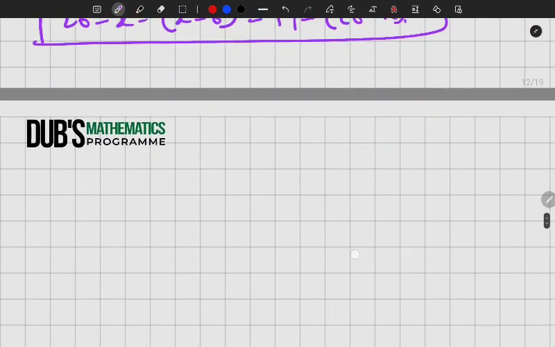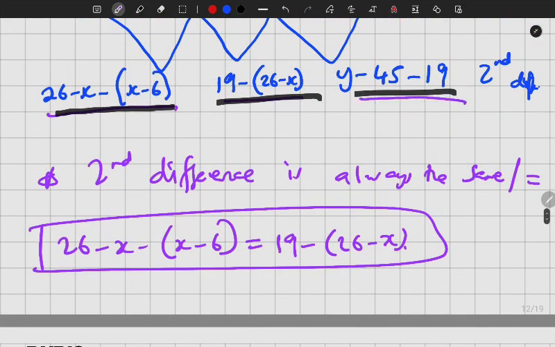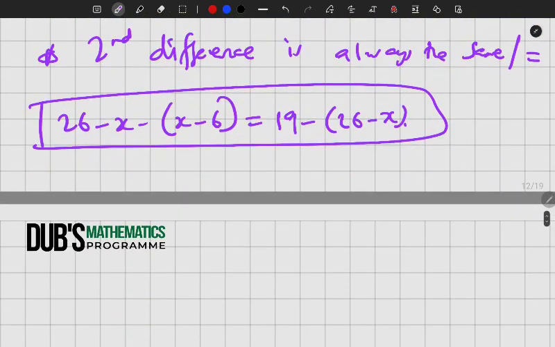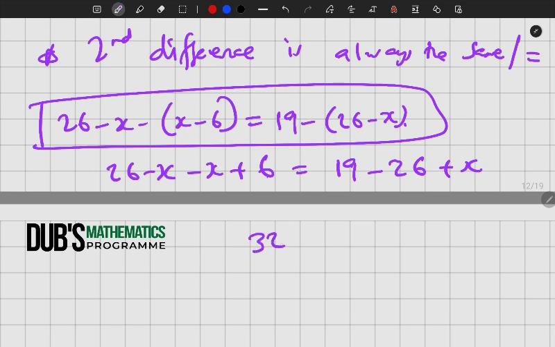Got that? But not just that, we also have that these two are going to be equal. But let's first simplify this one. We have 26 minus x plus 6 equal to 19 minus 26 plus x. Then 26 plus 6 is 32, and minus x, we get minus 2x.